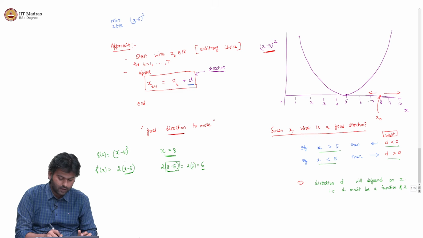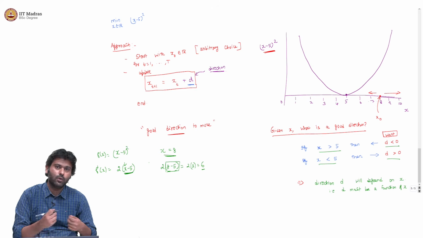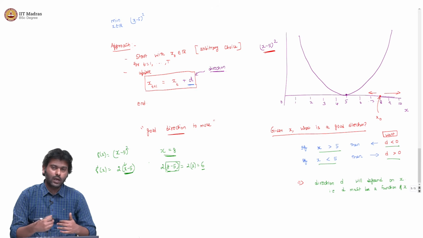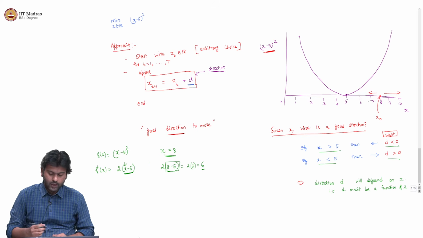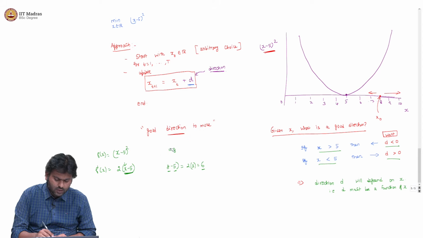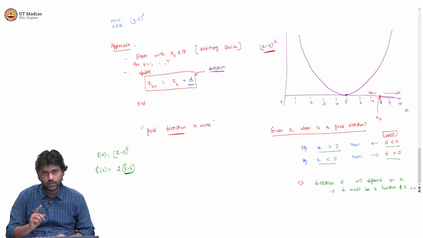So, when x is greater than 5, this is going to be a positive quantity, and so 2 times that will also be a positive quantity. Similarly, if x is less than 5, well then 2 times x minus 5 is going to be a negative quantity, right.